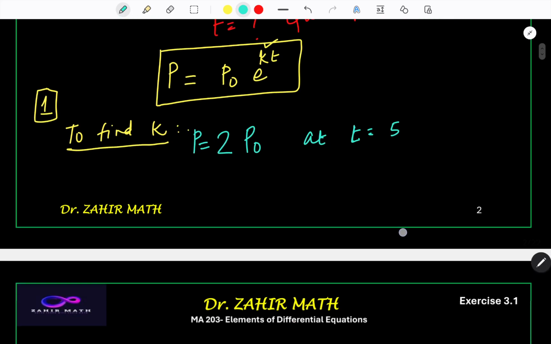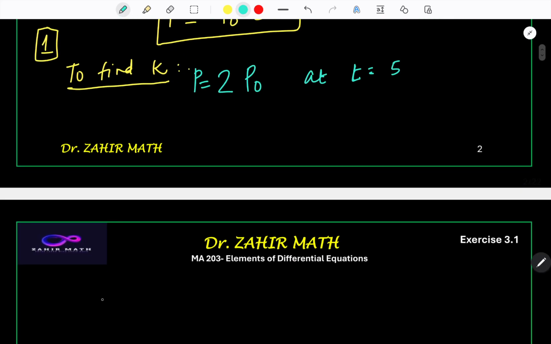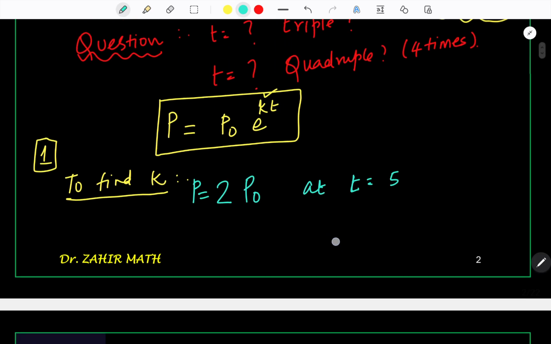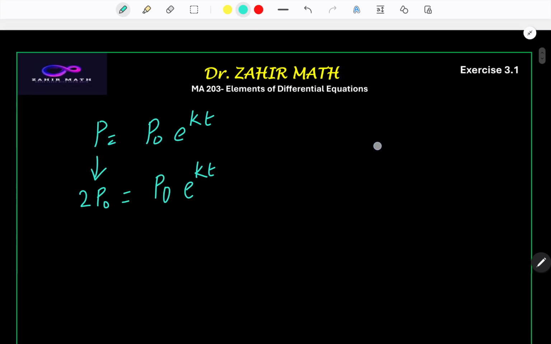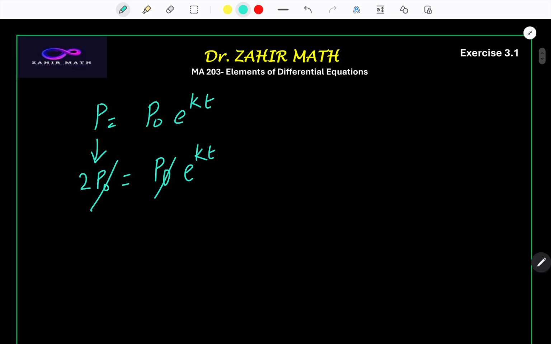Every time you have to take this equation: P equals P naught e power kt. Now I'm going to put P equal to twice P naught, which equals P naught e power kt. P naught cancels. Sorry, t is also 5. T is equal to 5.